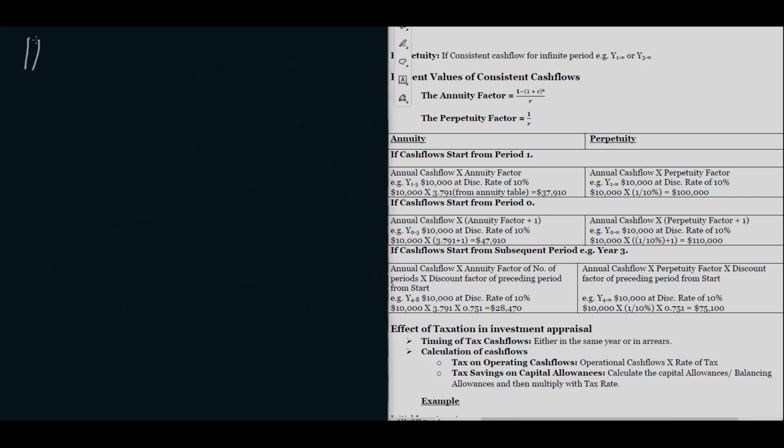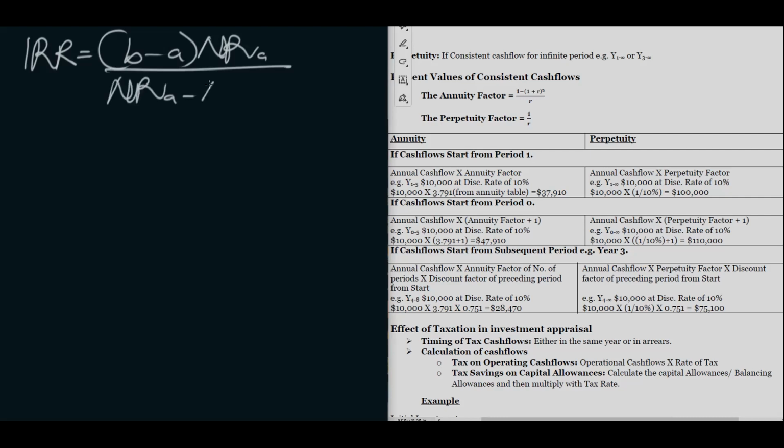So we need the IRR, and here we are using B minus A, times the NPV of A, all over the NPV of A minus the NPV of B, all plus A. Whichever one you take as your A, its corresponding value should be here.